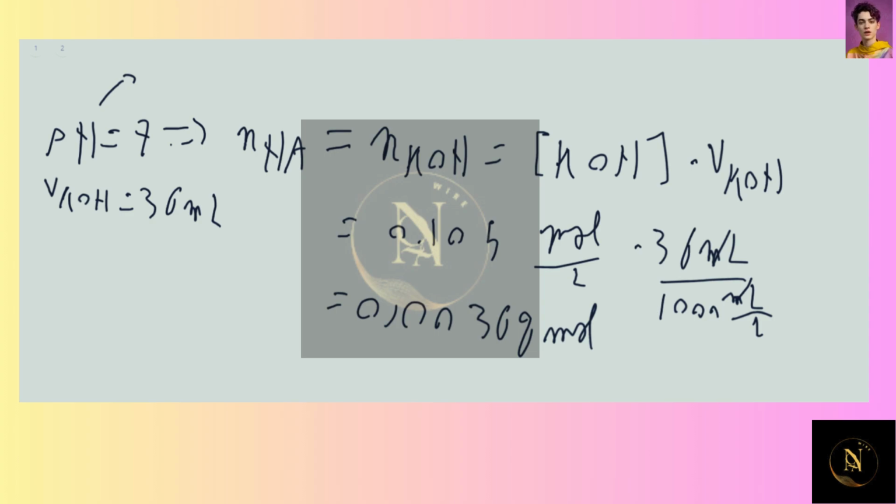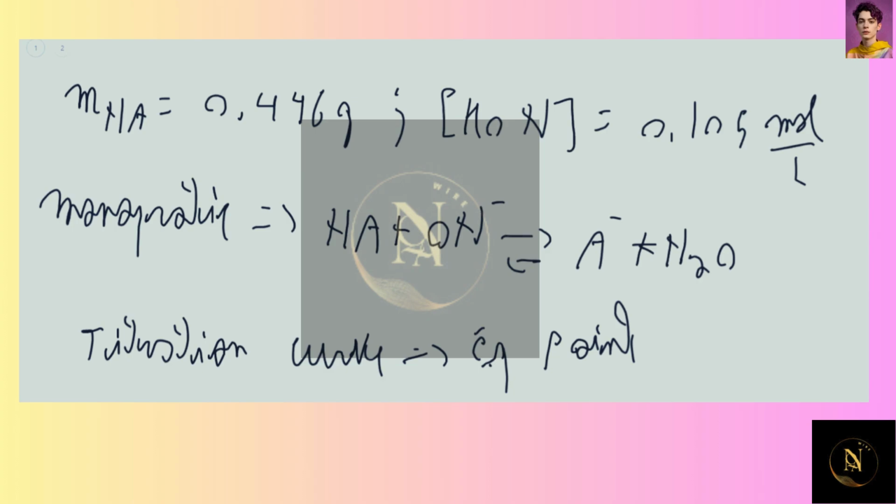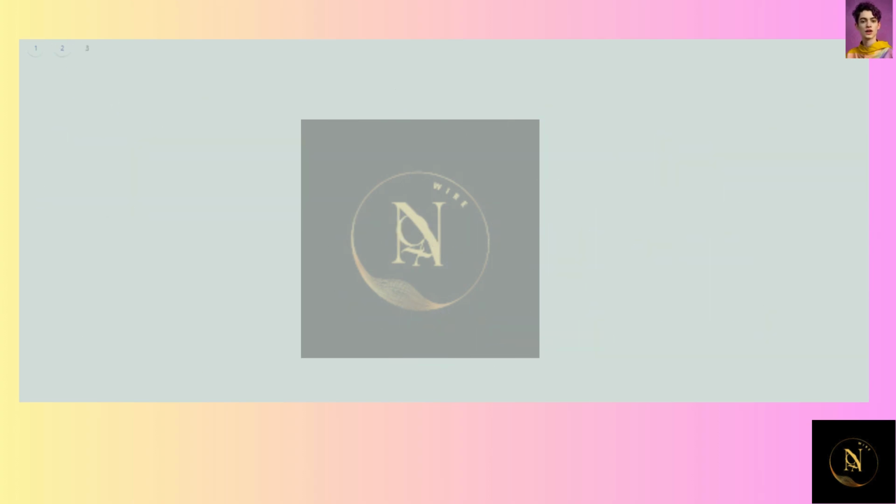So at this point, we have the number of moles for HA, for the acid, and we also have our mass. We know, by a very fundamental rule, that the number of moles of a certain component is equal to the mass over the molar mass. The molar mass of our acid, in that case, is equal to the mass over the number of moles.